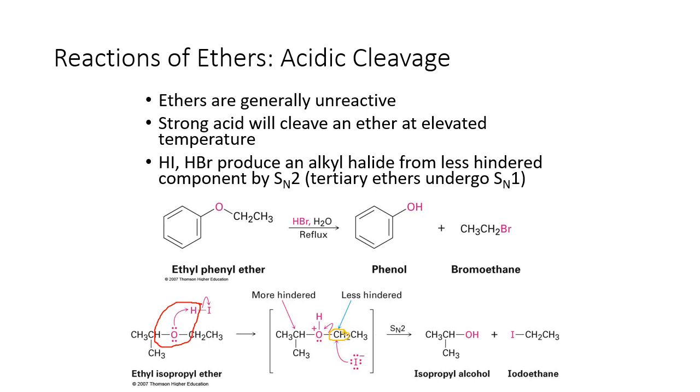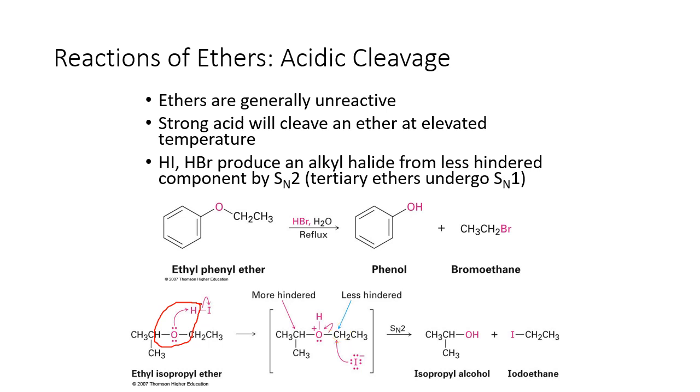Why the ethyl? Because it only has one methyl group next to it, whereas this carbon is actually a secondary carbon with two alkyl groups attached to it. So it's more sterically hindered. So the iodine attacks the less hindered carbon, the one that has only one alkyl group, and so it binds to that carbon, and that makes this product.